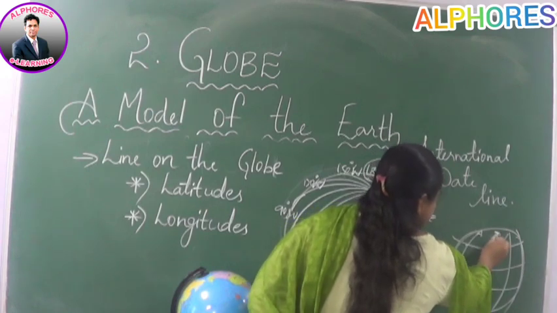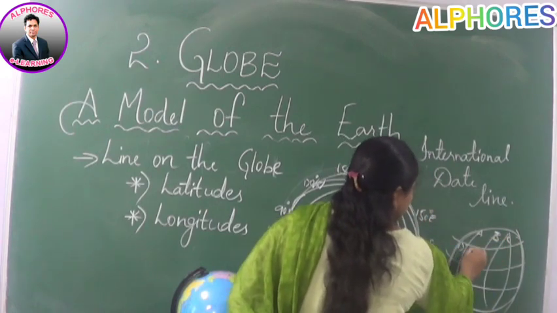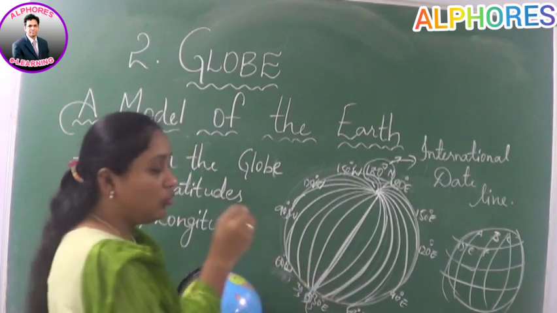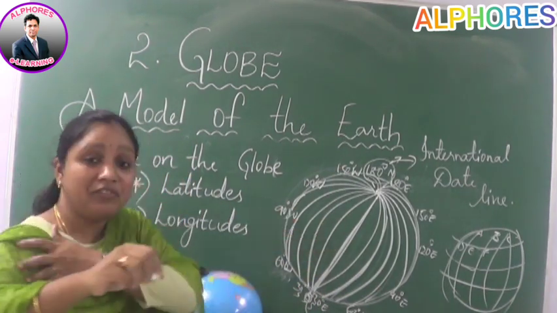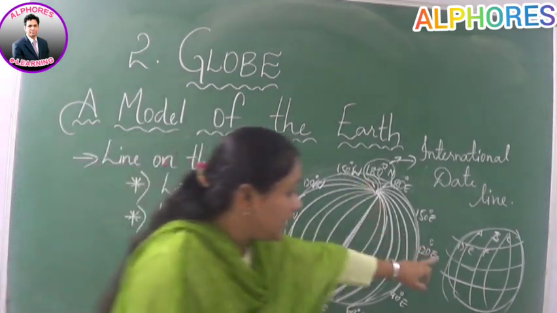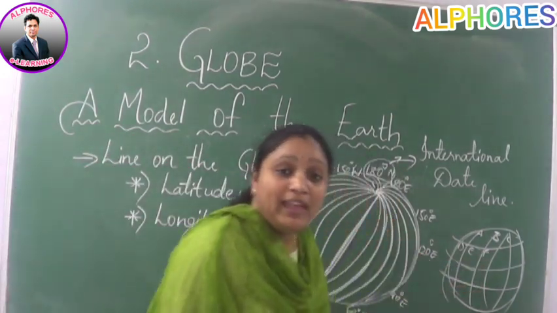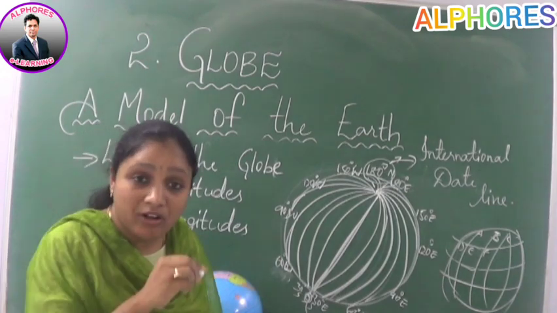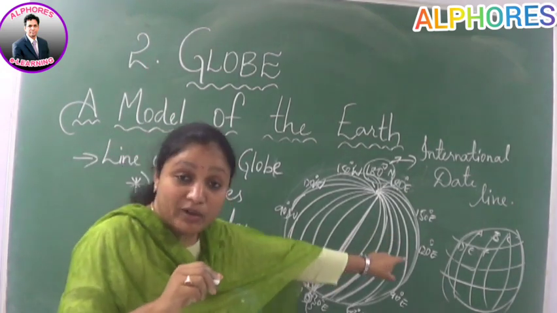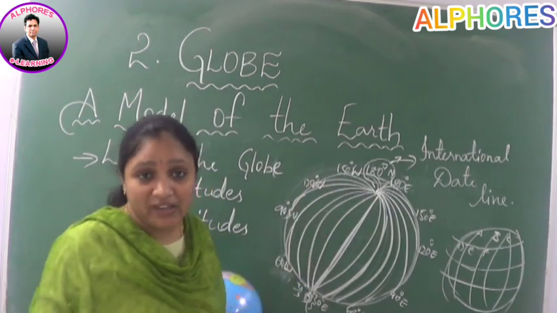For example, I am giving just A, B, C, D, E, F. So when we go with the line of 30 degrees, the latitudinal line which is F, then immediately we can find the place in that box which is F.